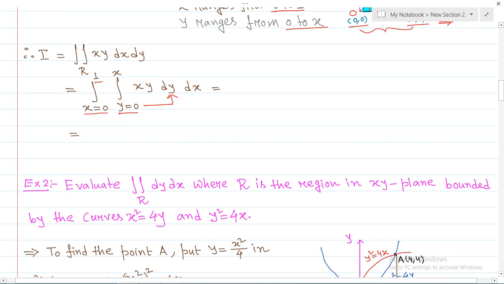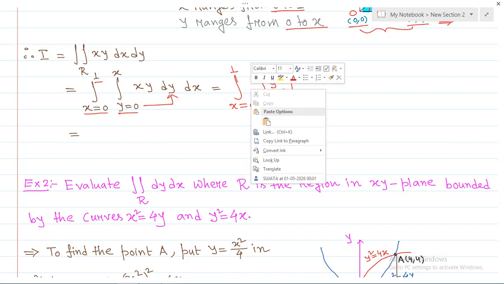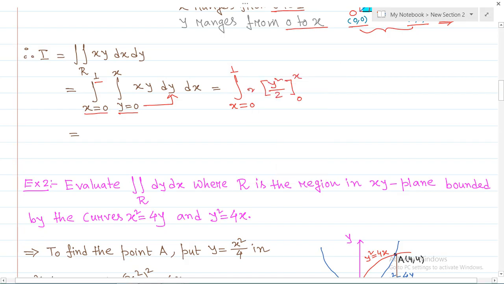Now let us try to finish the integration. Here x equal to 0 to 1 will be outside. Since we are integrating with respect to y, x will be treated as a constant. The integration of y is y square divided by 2. Now we put the limits of y, that is 0 to x. Since one x is already there, treated as a constant, we can keep it like this, and the rest of the integration we perform with respect to x only.